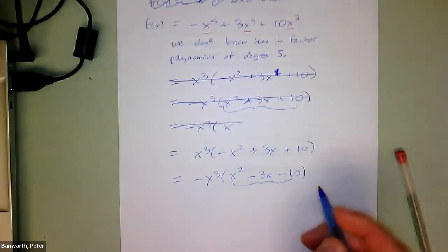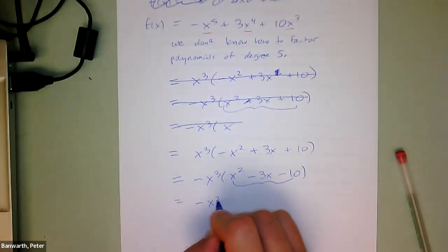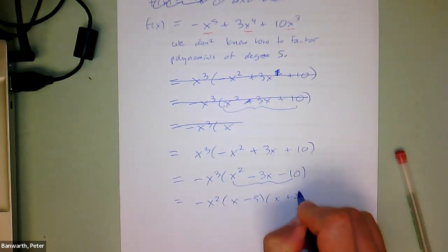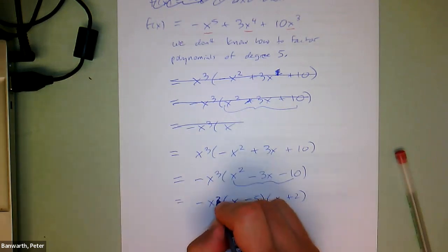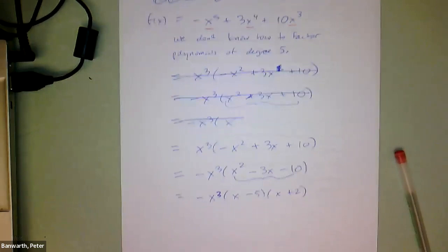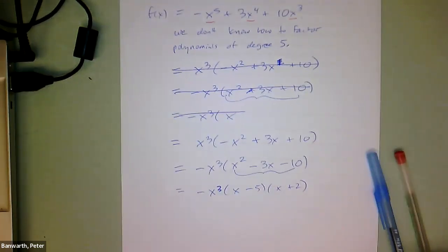And this I can factor because I chose it so that I could. That's (x minus 5) and (x plus 2). And that should be an x cubed. And now I have a polynomial written in factored form.